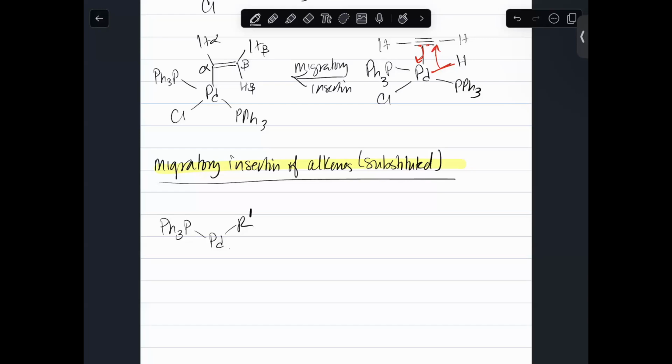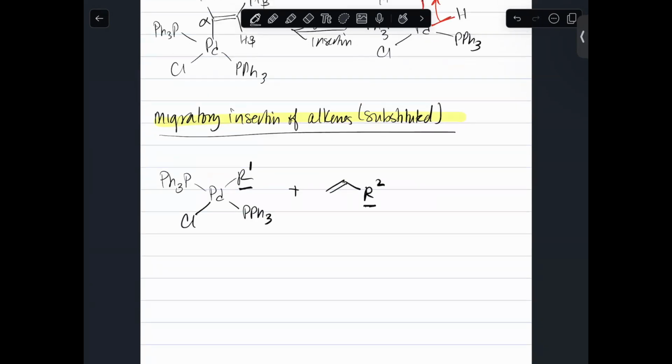This R1. Just because I don't want you to confuse the substituents on the alkene and the substituent on the palladium. Okay. And so there's a couple of things that can happen. R2 is an alkyl group.